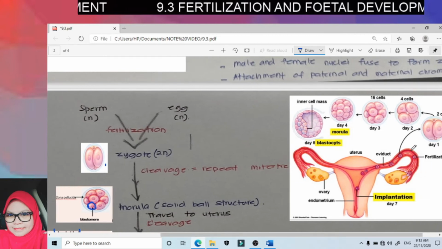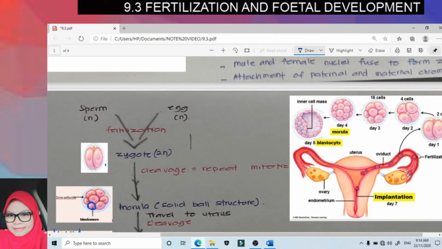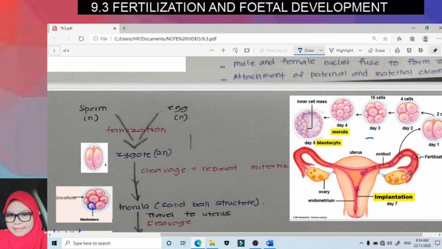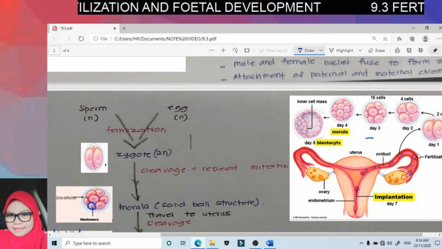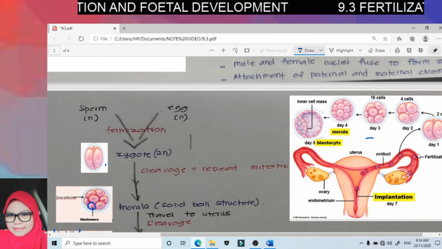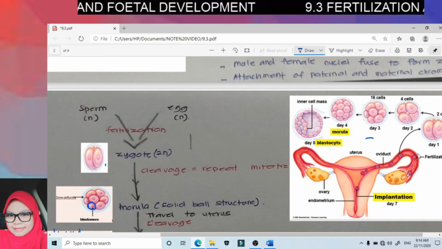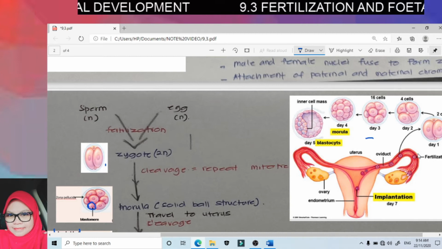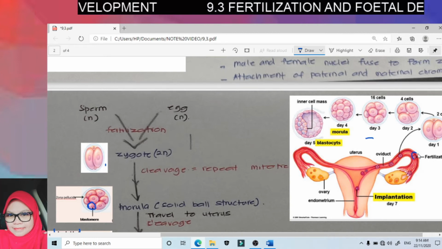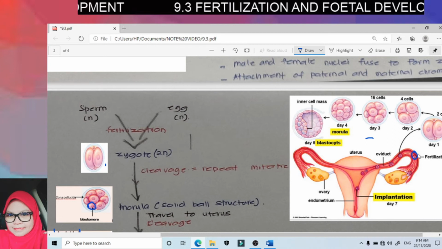Okay, fertilization occurs in the oviduct. This shows ovulation, where the Graafian follicle releases the secondary oocyte, then the secondary oocyte travels into the oviduct, and here fertilization occurs to form the zygote.